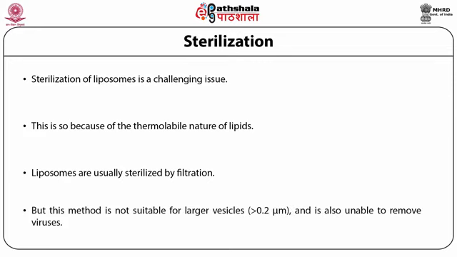But the filtration method is not suitable for vesicles larger than 0.2 micron and is also not able to remove viruses. However, liposomes made up of thermostable phospholipids can be sterilized through autoclaving under certain conditions.